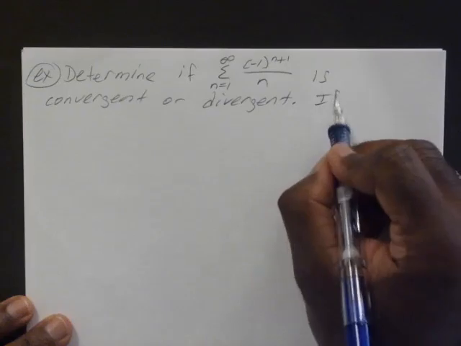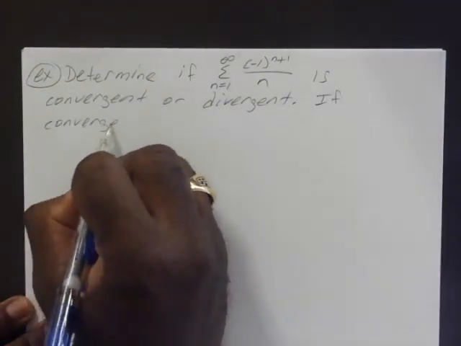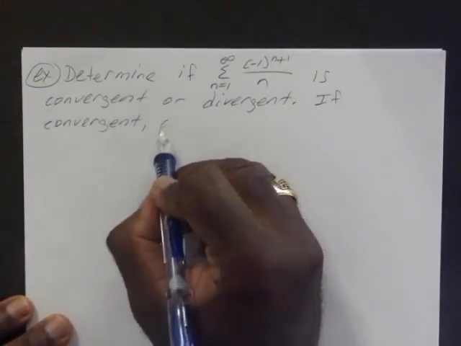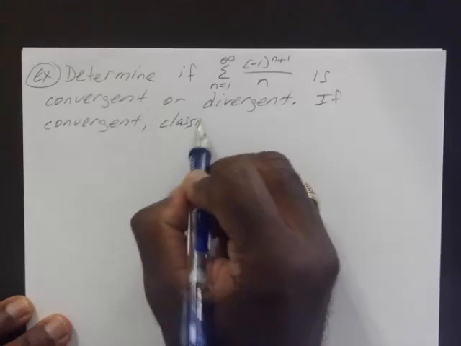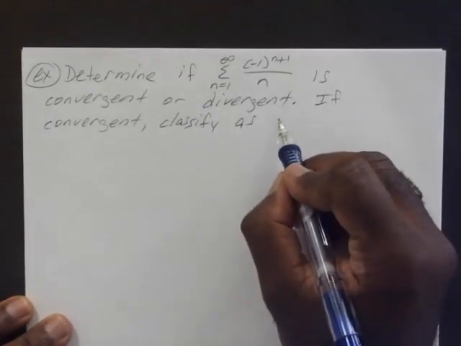Now, if it's convergent, we want to classify it as absolutely or conditionally.